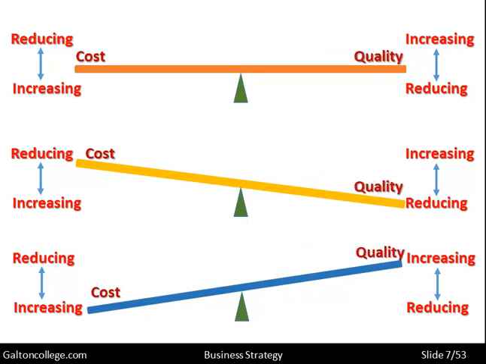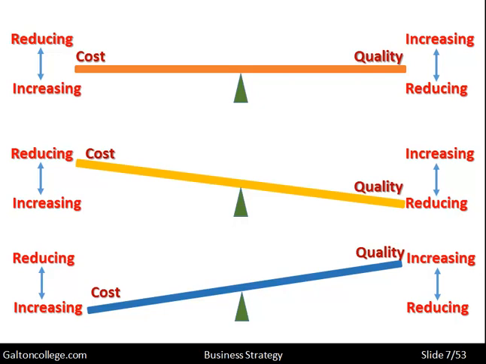If we reduce cost, we will reduce the quality. If I put the cursor on the screen, reducing cost here, reducing quality over here, because we've reduced the cost. If we increase the cost, we will increase the quality. So we have this idea of a trade-off. The trade-off is we have more of one, we have less of the other.